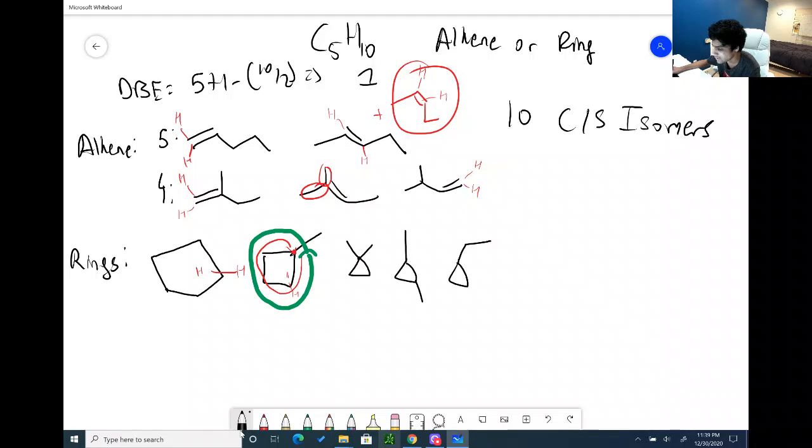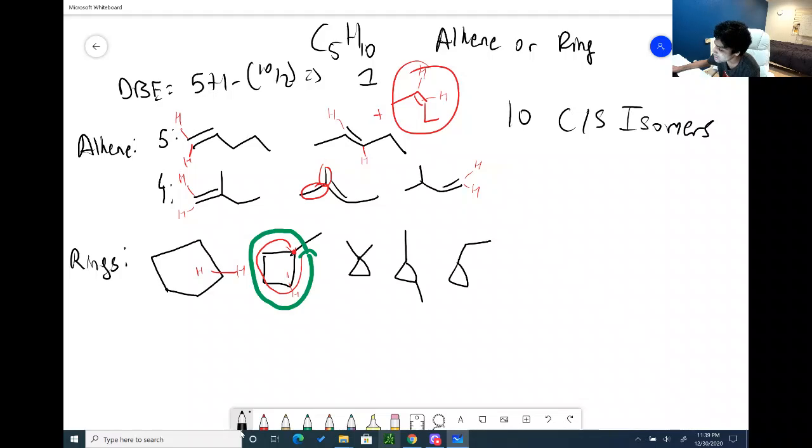So the path each way, clockwise or counterclockwise, is equal back to the same carbon. That means we can count these two bonds as the same groups, so there's no chirality in them. Over here we have two methyl groups, so chirality is not observed. This one's interesting. Let's skip this one for now.